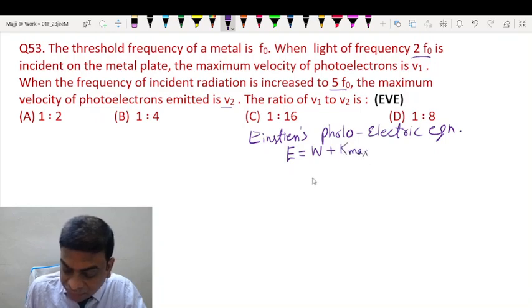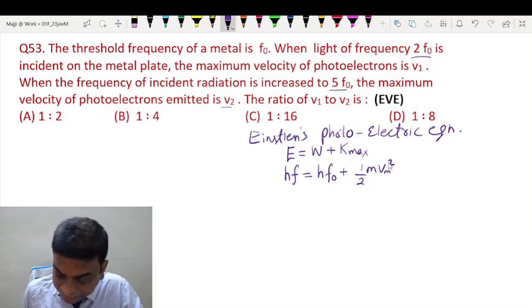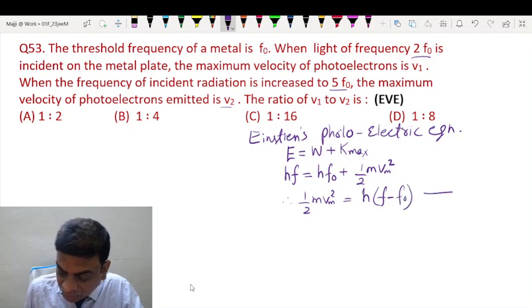Energy of the photon is h into f, whereas for work function it is h into f naught, and K max is half m v max square. Therefore we can write half m v max square is equal to h times (f minus f naught). In this way we'll be able to use this.